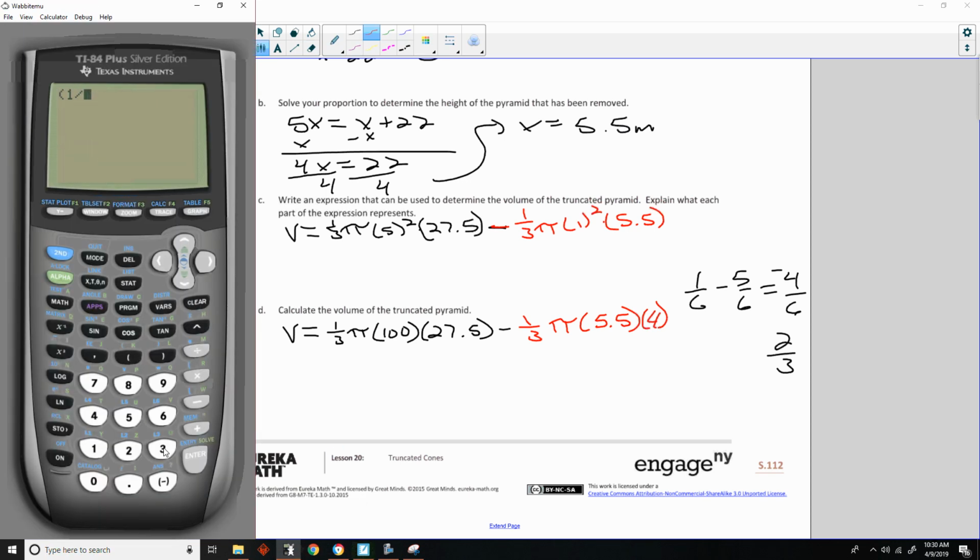So 1/3, I'll ignore the pi, we'll leave it in terms of pi. 100 times 27.5 equals 916 2/3.